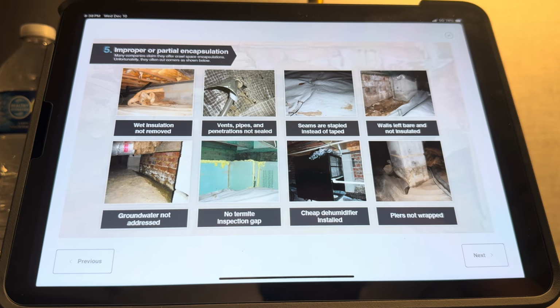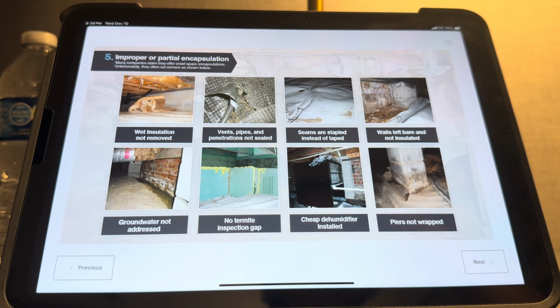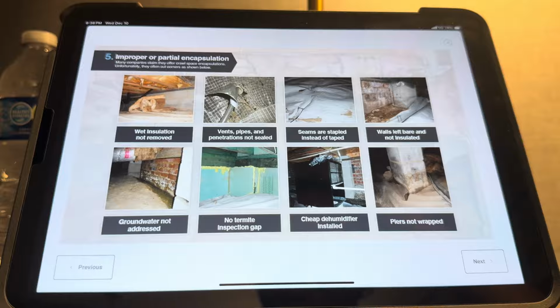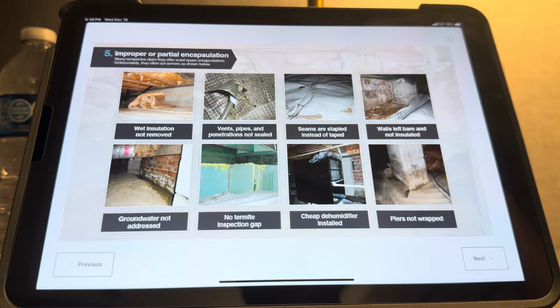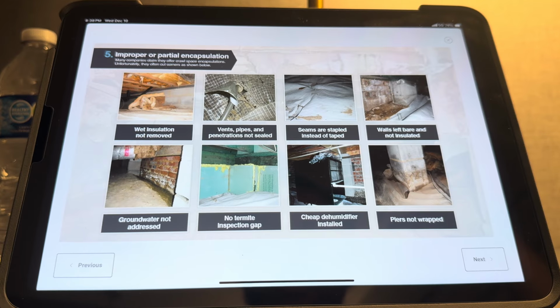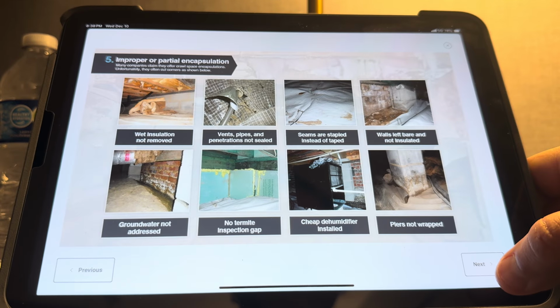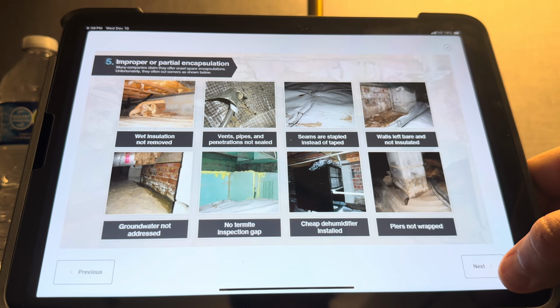Most companies that offer this or have offered this as a solution are still not doing anything to address your walls or your columns. The groundwater is not addressed because you're not doing the full system. You're not covering the complete surface. The piers aren't wrapped. So this is not a permanent solution either.